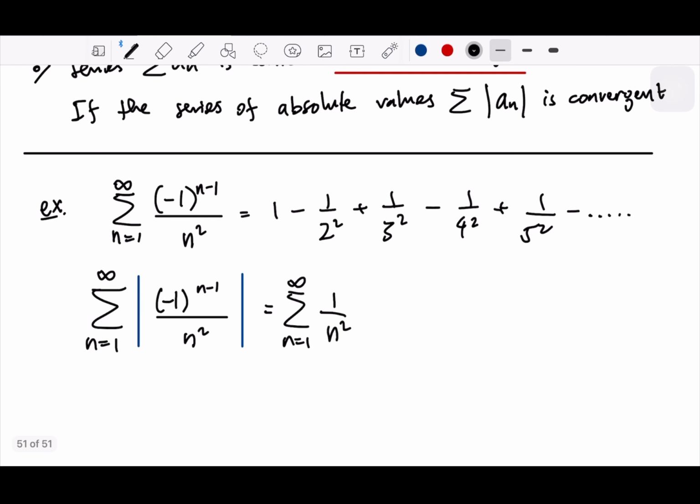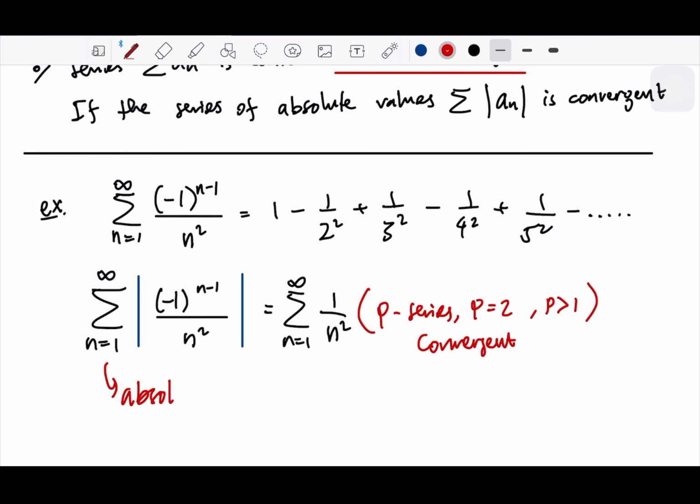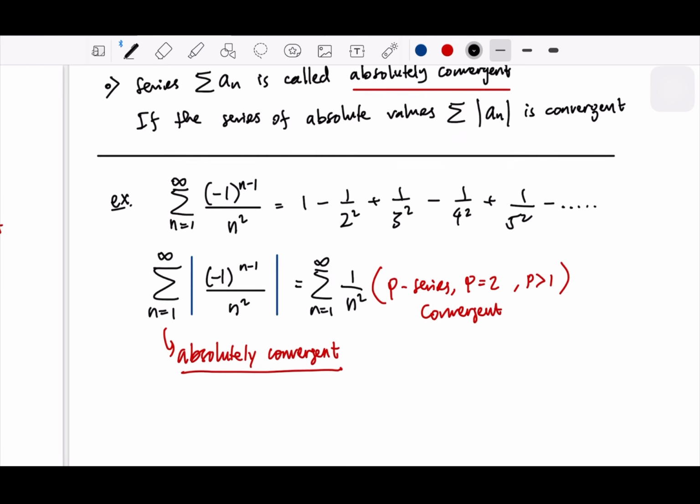And since we know that this is a P series, with P equal to 2, greater than 1, the series converges, right? Then we can conclude from the definition that this series is absolutely convergent. So that's the first definition, for absolutely convergent.